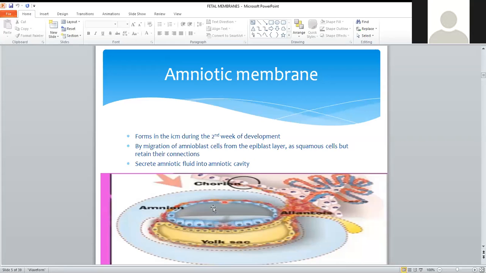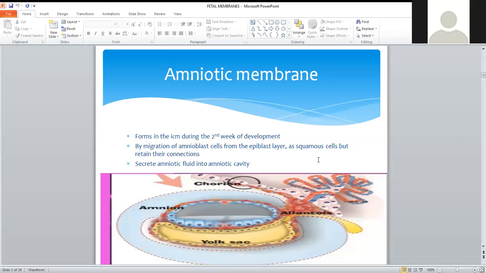This amniotic membrane is formed by the migration of the amnioblast cells from the epiblast. This is the epiblast, and there's a migration of the amnioblast cells in this fashion.